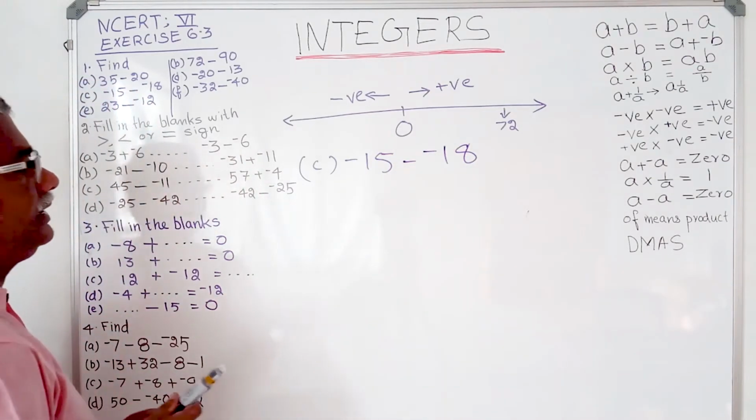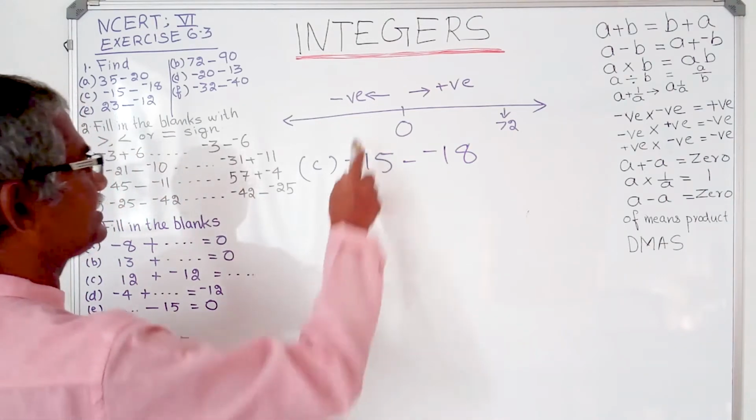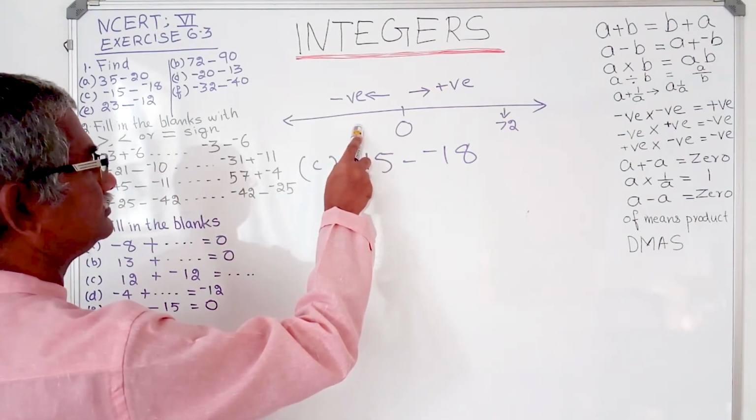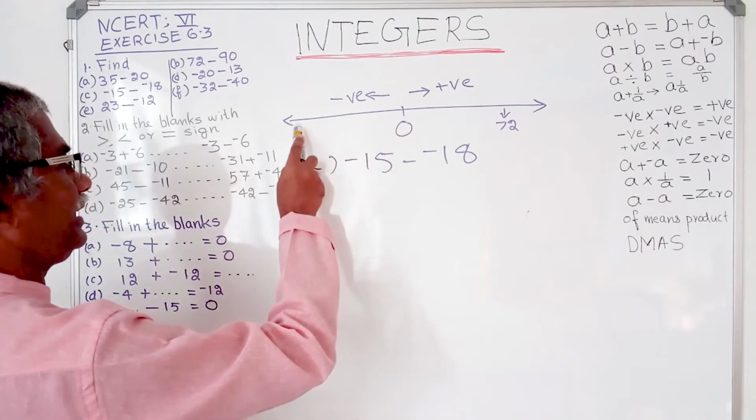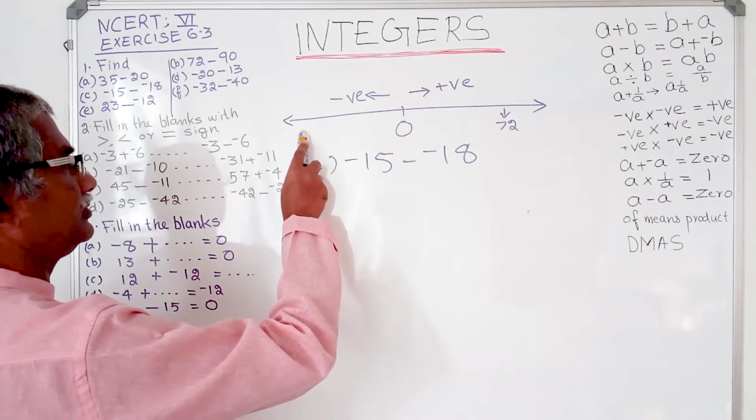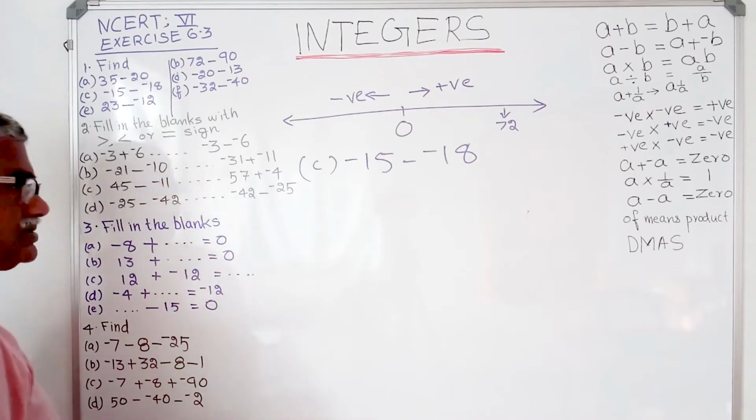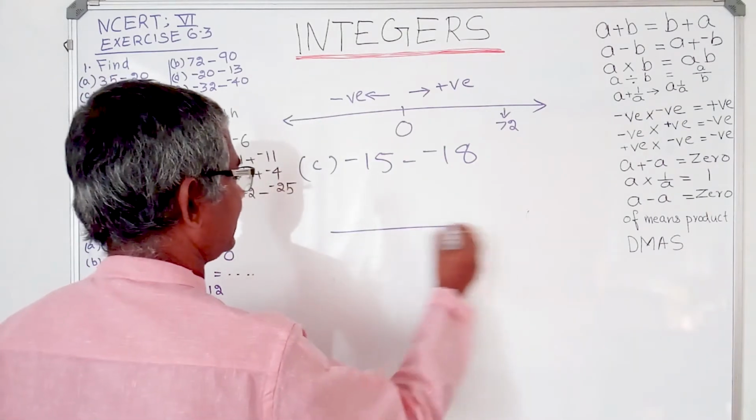Look at the number line. Negative 15 may be somewhere here. Then subtraction is going back. Again negative is going front. Just think, it's a number line.